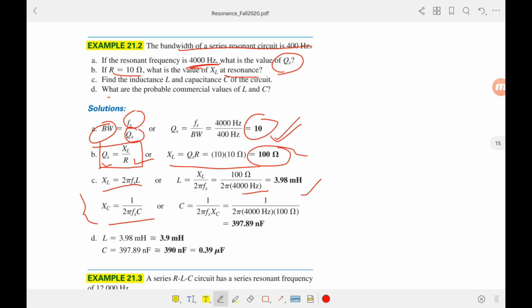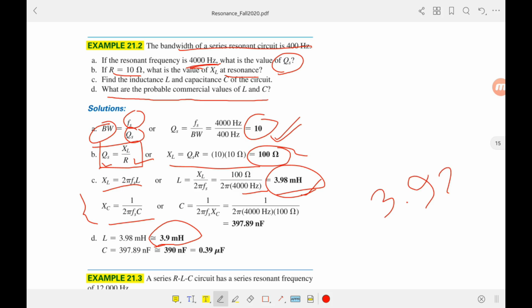And the fourth question, what are the probable commercial values? Commercial values means the values of inductance and capacitance that are available in the market. Obviously 3.98 millihenry will be tough, so you can approximate this to, let's say, 3.9 millihenry, because it is available in the market.